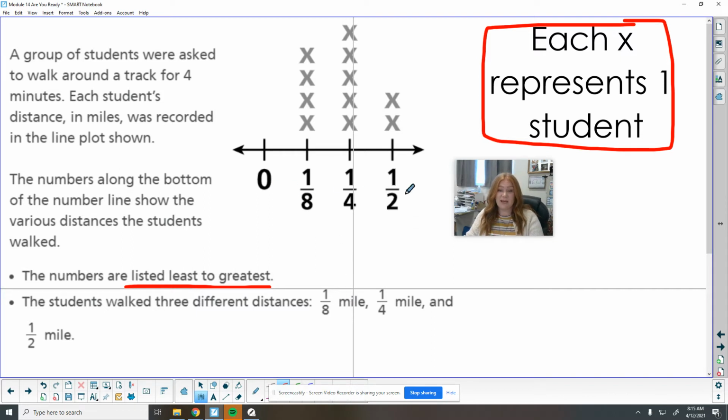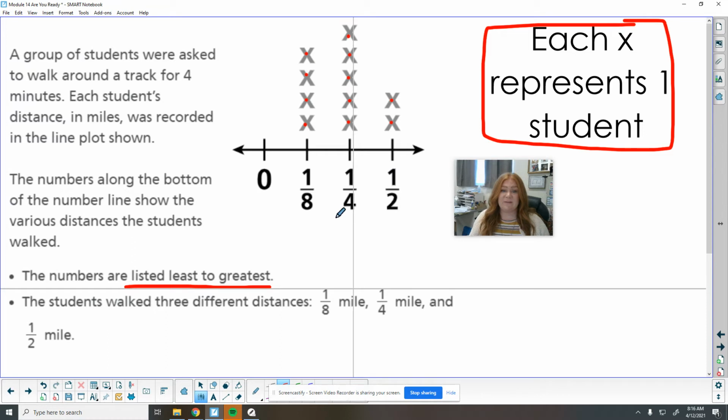This is how far they went. Each of these represents a student that went that far. So we can see 1, 2, 3, 4 students went 1/8 of a mile. 1, 2, 3, 4, 5 students went 1/4 of a mile. And 2 students went 1/2 of a mile.